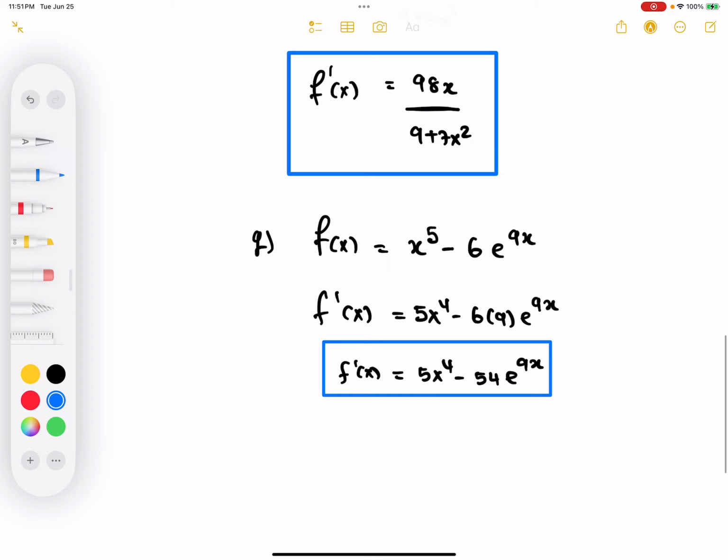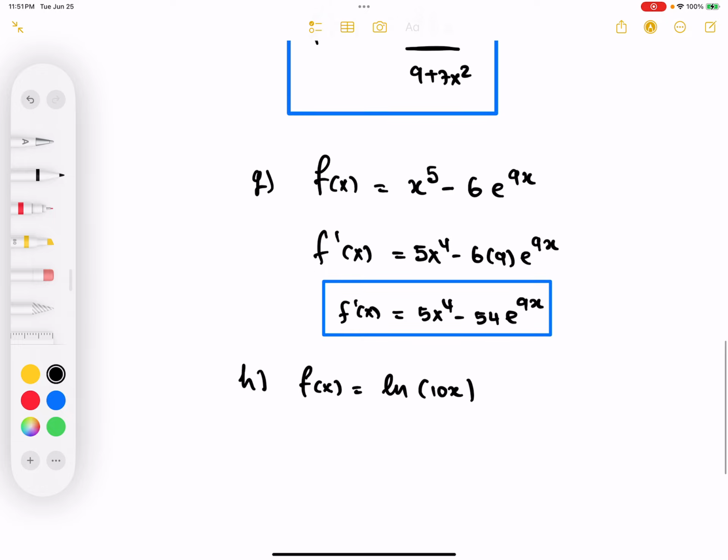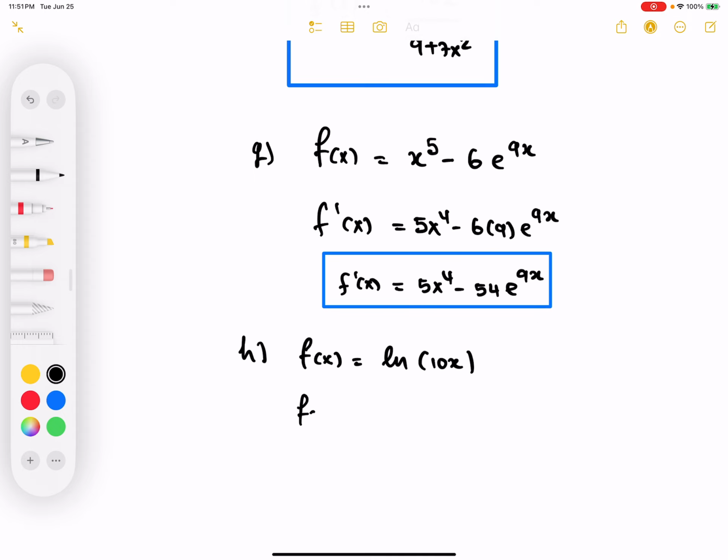Let's see, f of x is equal to ln of 10x. Okay, this one, we can write using the log rule, ln of 10, product rule, ln of x. What is the derivative of this one? The derivative of ln of 10, remember, it is a constant.